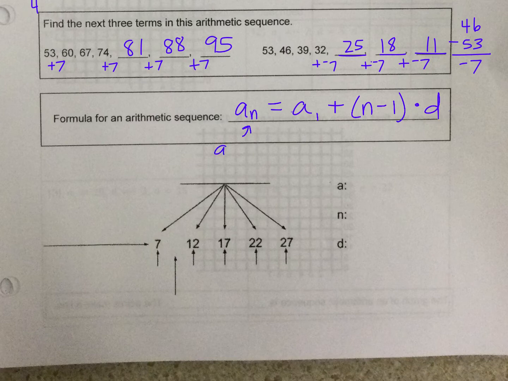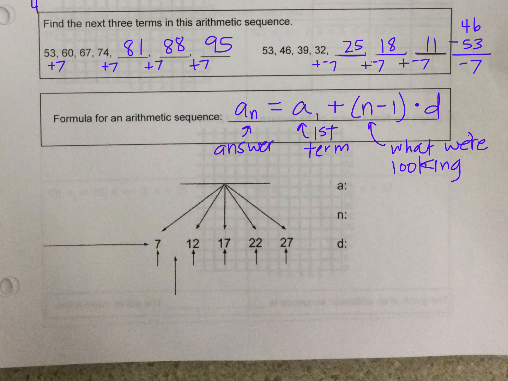This is just our answer. A sub 1 is the first term. The n is what we're looking for. And the d is the common difference.